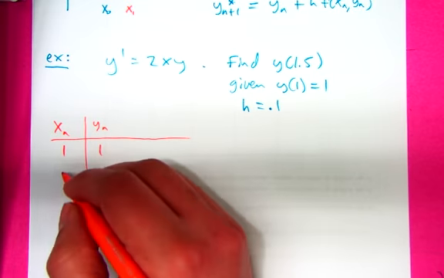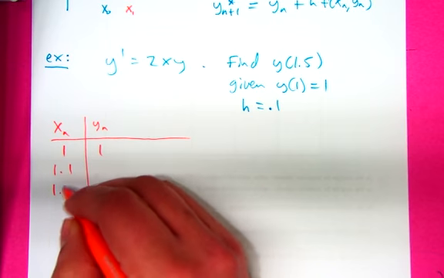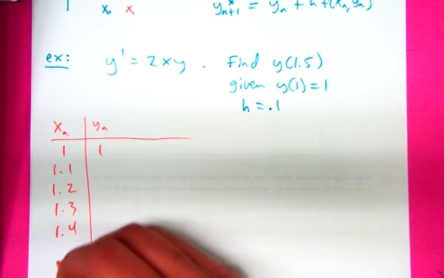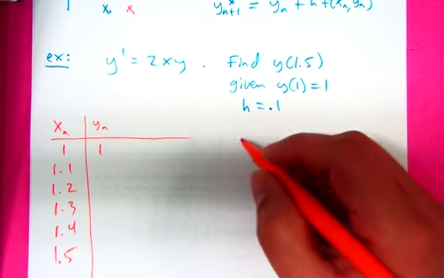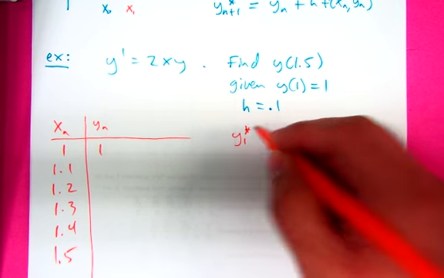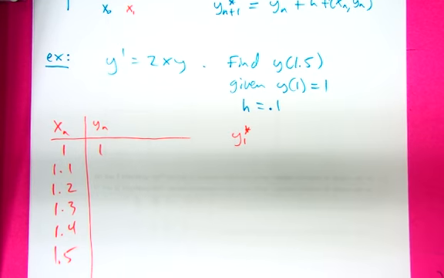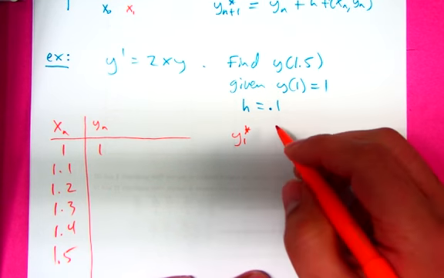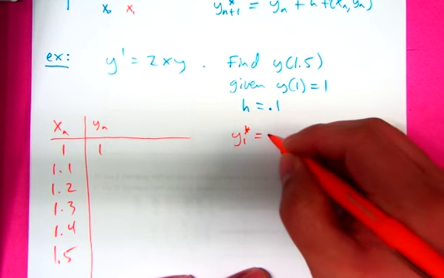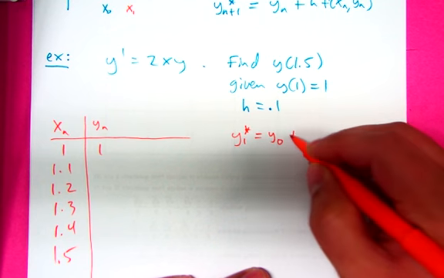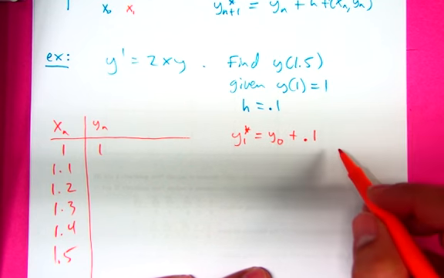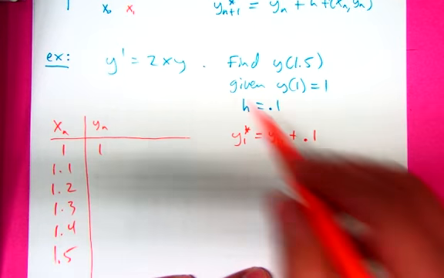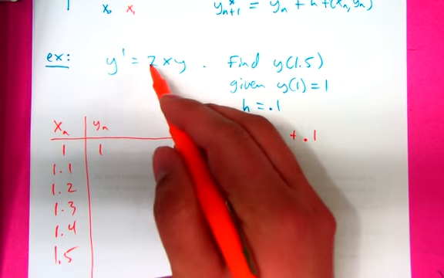Now to figure out the next y value, first we have to figure out y sub 1 star. Once I know y sub 1 star, then I can use the improved formula. So y sub 1 star is y naught plus step size, and then you plug in the coordinates x and y into the slope they gave you, which is 2xy.